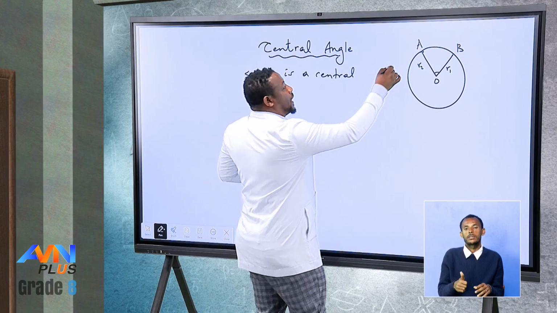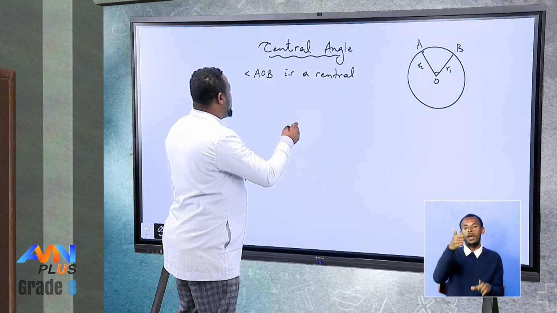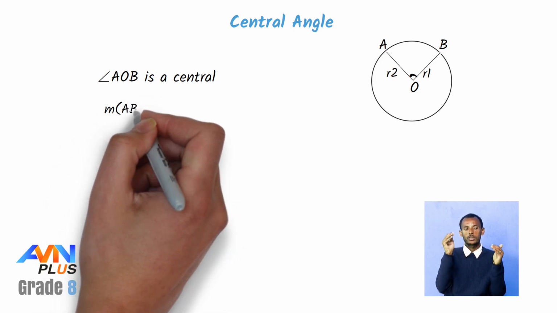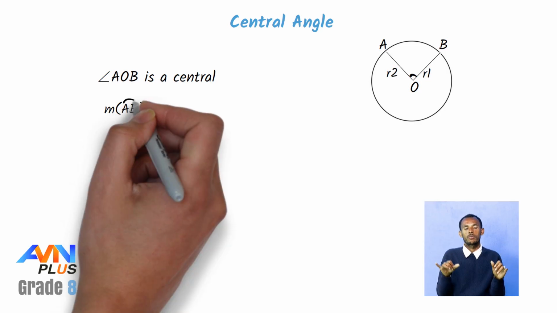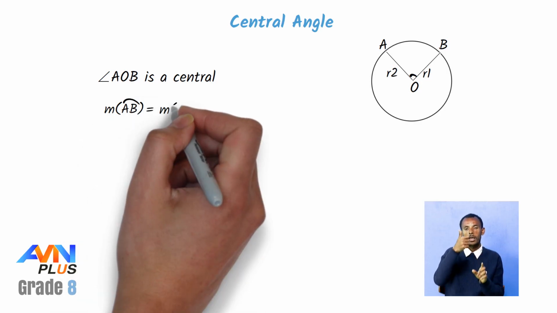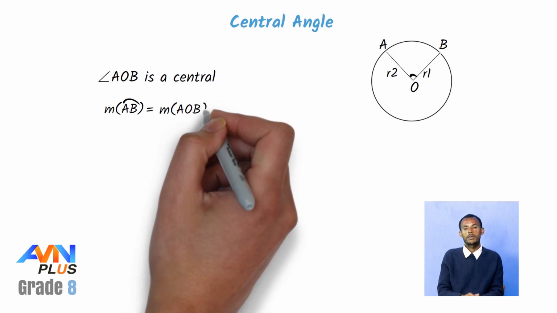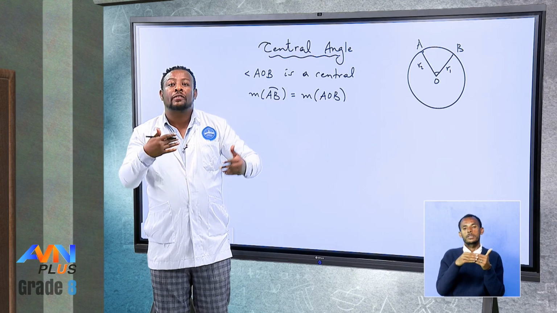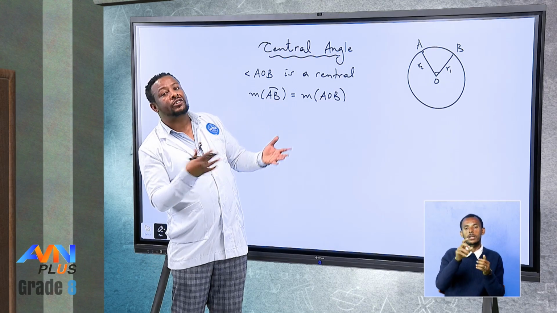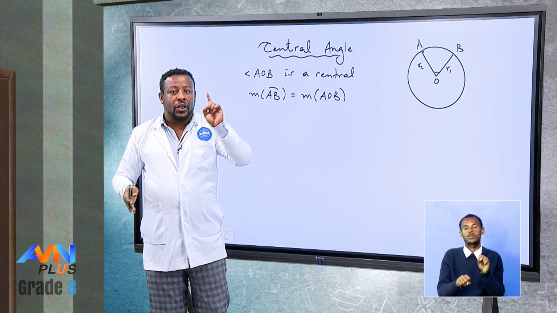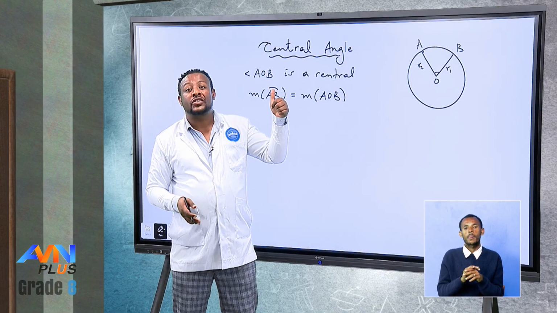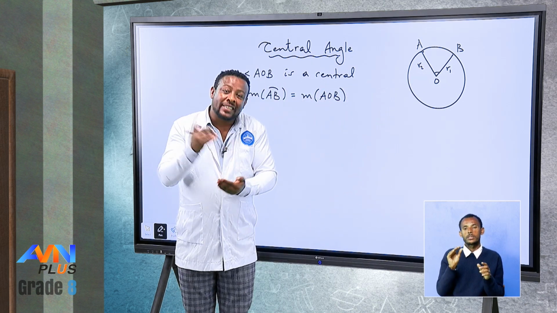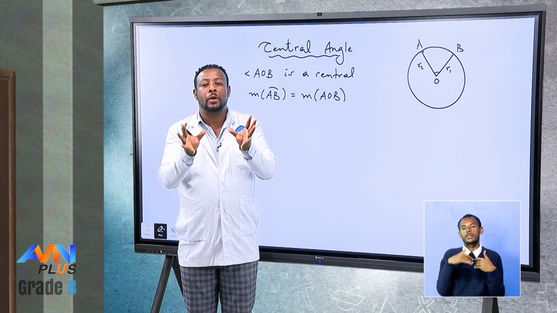So this arc AB, the measure of arc AB is the same as the measure of the central angle AOB, okay? You need to remember this principle whenever we are solving questions related to central angle, okay? So keep in your mind that the central angle AOB and the arc that subtends it have the same degree measure, right?